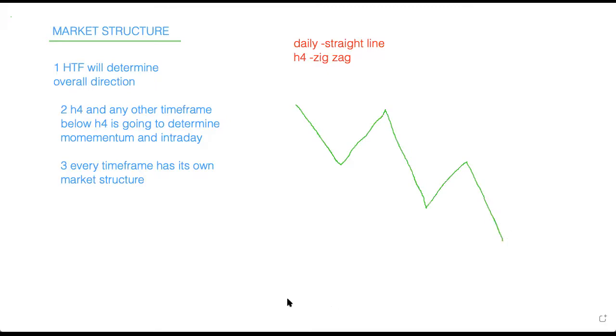Basically, what is happening here is our overall direction of our daily time frame is a sell. Why?